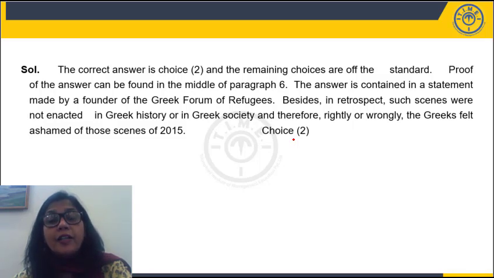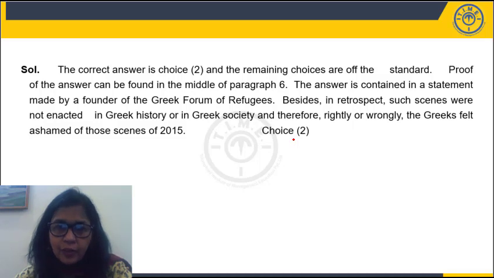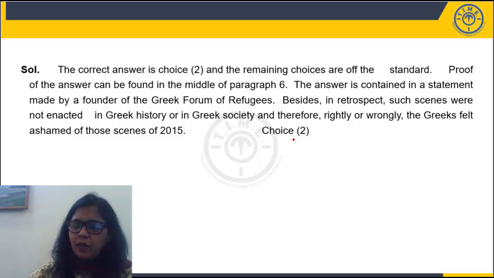So the Greeks felt ashamed of those scenes in 2015, when, at the peak of the Syrian crisis, Greece saw the influx of refugees, and while they were moving on to other countries, till the time the Greek borders were closed. All right.